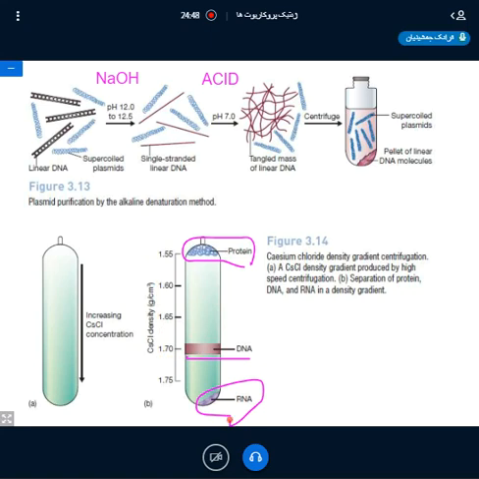In the bottom of the tube, we have RNA, and in the top of the tube, at a density of 1.55, we have proteins. So in this picture, with cesium chloride density gradient centrifugation, we can separate protein, DNA, and RNA.